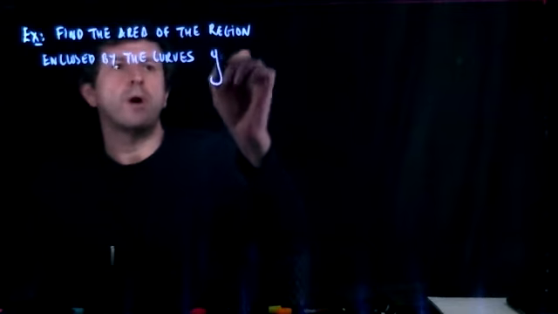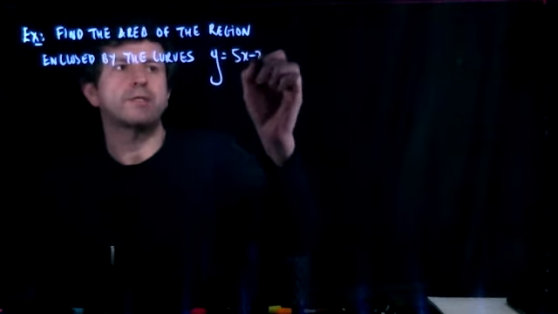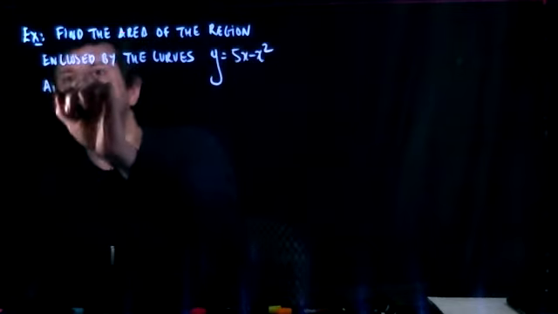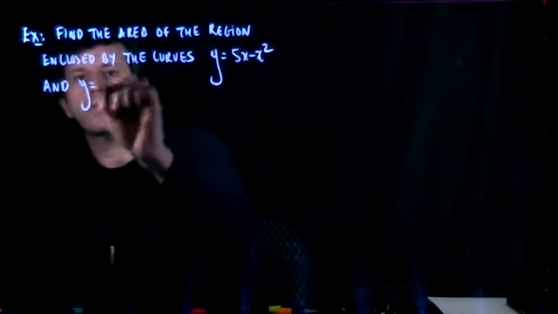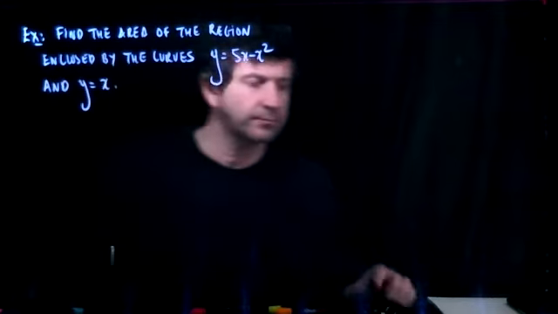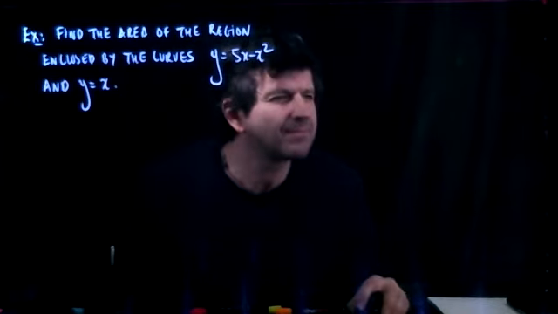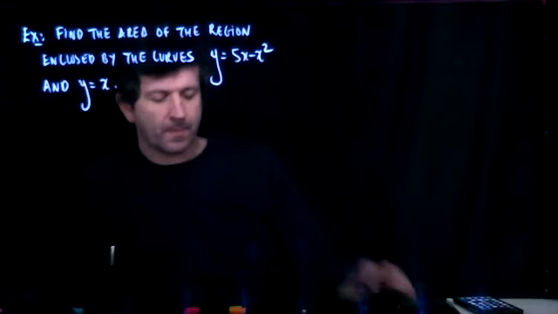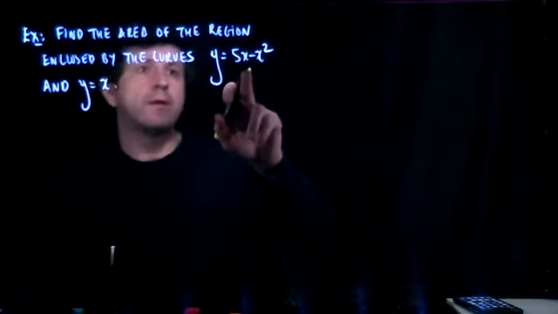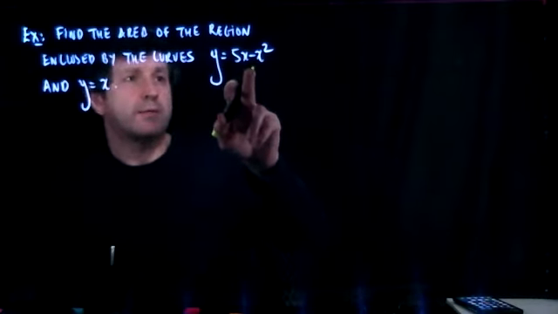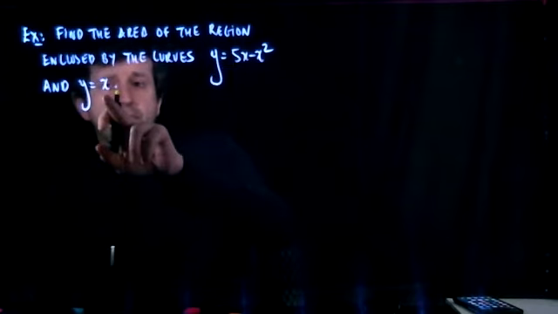So let's say y equals 5x minus x^2 and the line y equals x. So this is a parabola and this is a straight line.